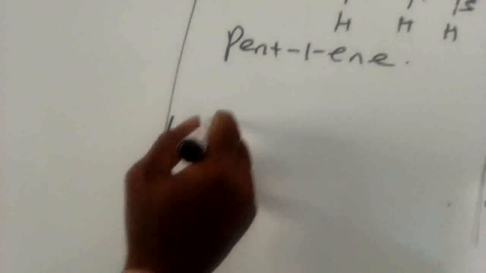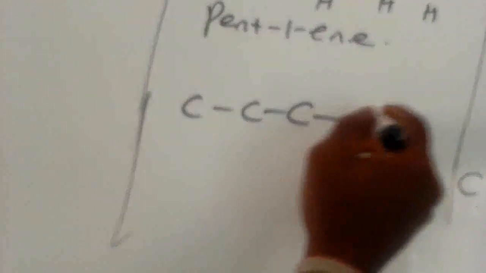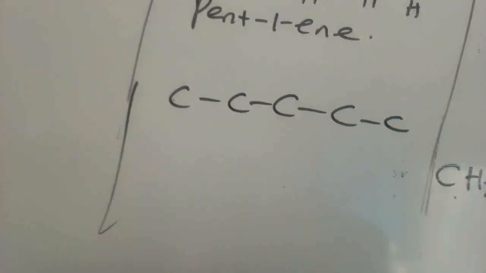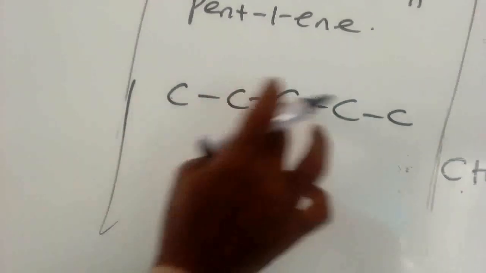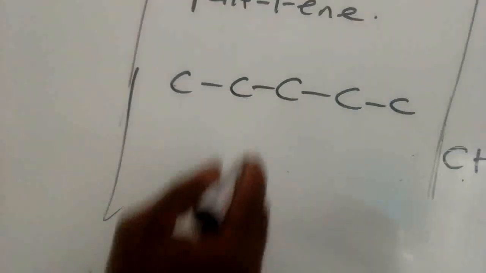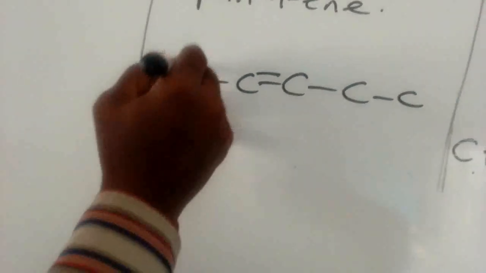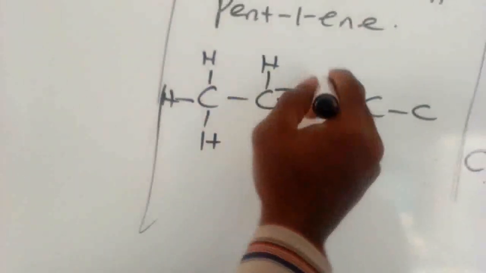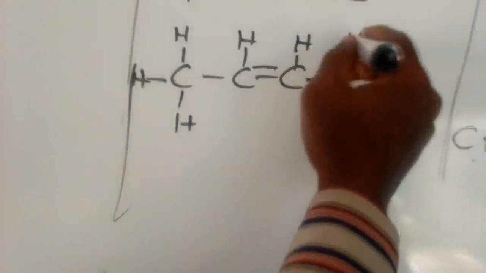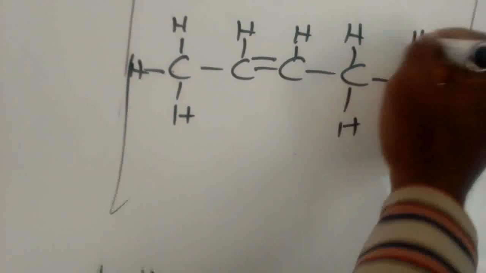No spacing. Then let's see whether we can shift the double bond again and get a different structure. When you have 1, 2, 3, 4, 5, the double bond can come here at the number 2 position. So now I fill in the hydrogen atoms, a very simple thing to do.